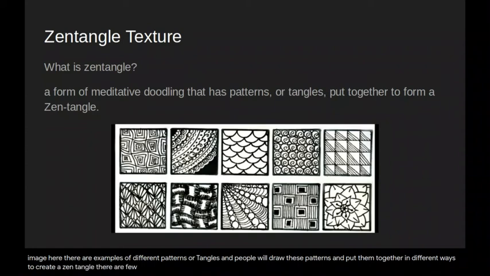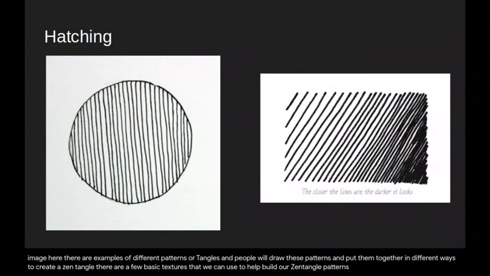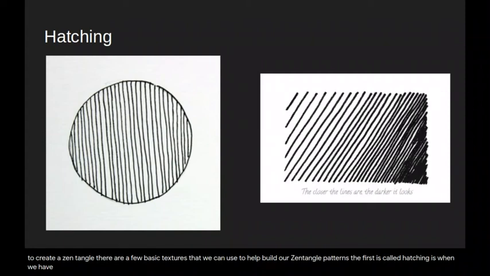There are a few basic textures that we can use to help build our Zentangle patterns. The first is called hatching. Hatching is when we have lines that are parallel to each other, repeated over and over and over again.